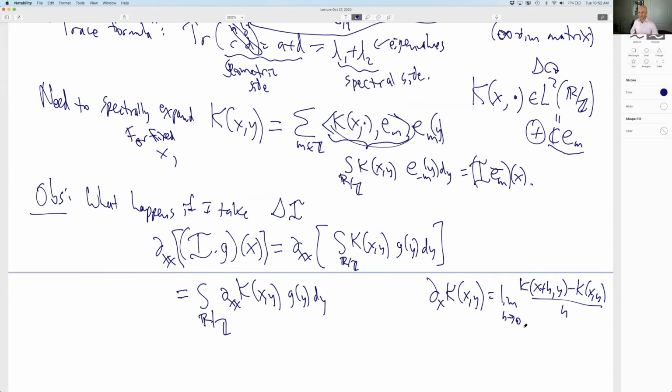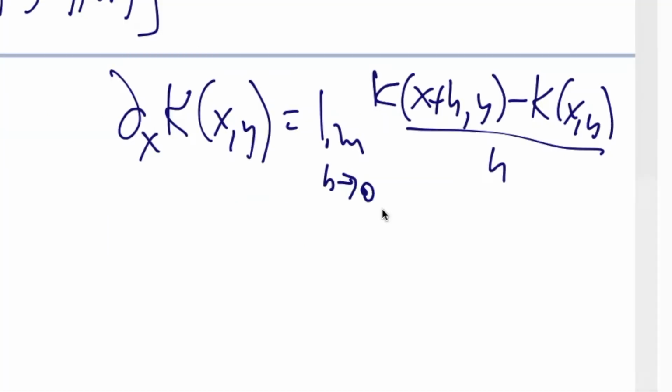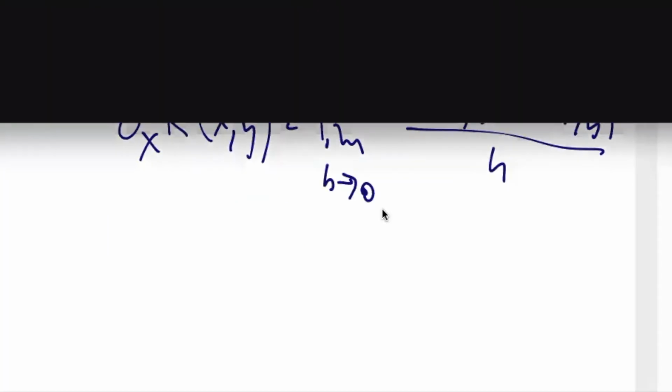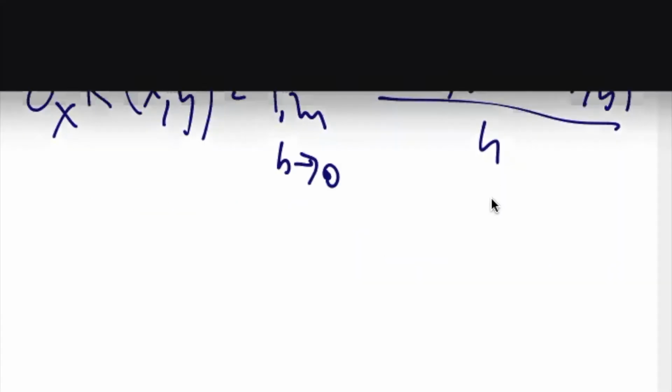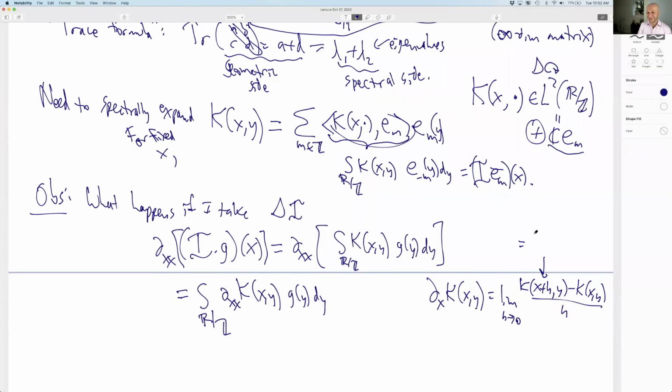Now we're just doing real variables, the simplest thing, right? But what do we know about this? We could move the h to the other side. So we get K of x, y minus h, minus K of x,y, over h, and the limit.